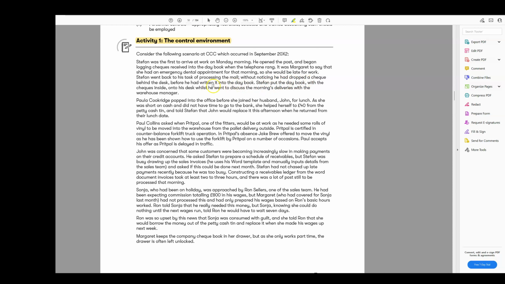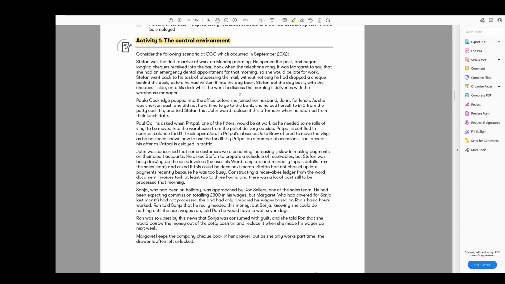So you can see that even though he dropped a check behind the desk, he has no idea, because he is the one who does all the job alone. Before he had written it into the daybook, Stephen put the daybook with the check inside onto his desk while he went to discuss the morning delivery with the warehouse manager. So he's doing so much at the same time.